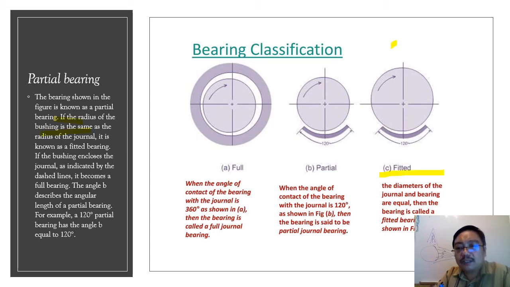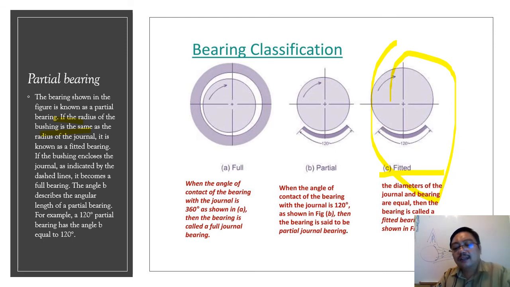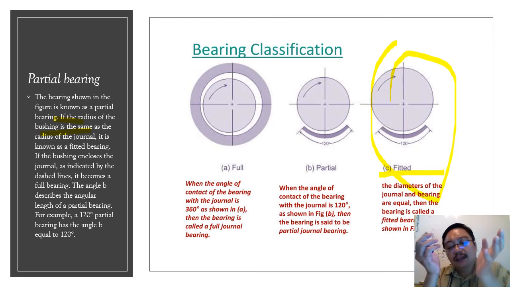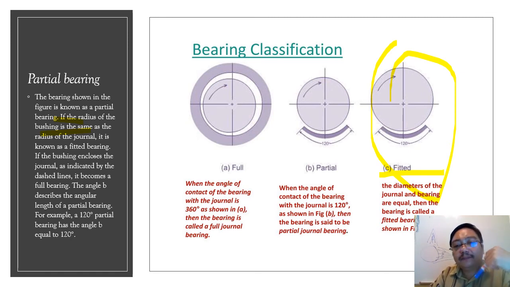This is called the fitted bearing, meaning that it is fit. Maybe there is lubricant, maybe there is no lubricant, but it is fit. The journal is fit inside the bushing. Theoretically, no gap. And then this is the partial bearing.